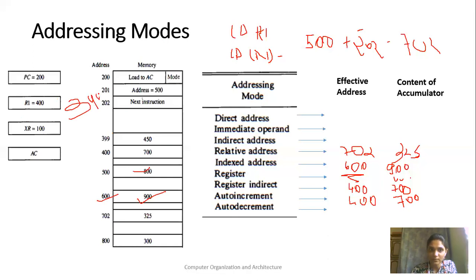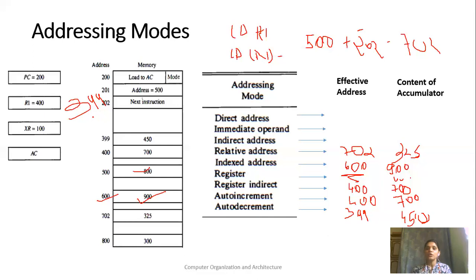That means it will become 399. So your effective address will be 399, and from that location your data is going to be accessed. Okay. So your data will be at 399 location, that is 450, that is going to be stored into accumulator. Okay. And after that your register R1's content will be 399.